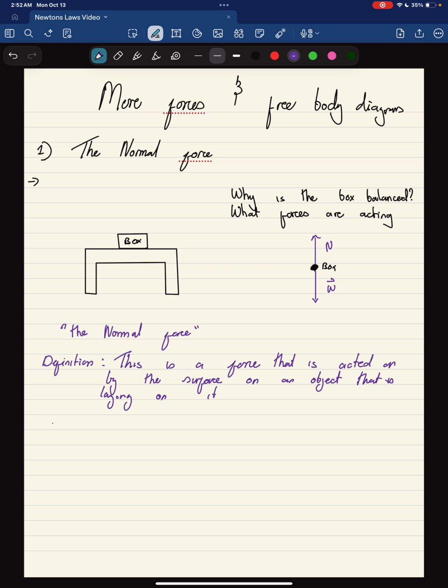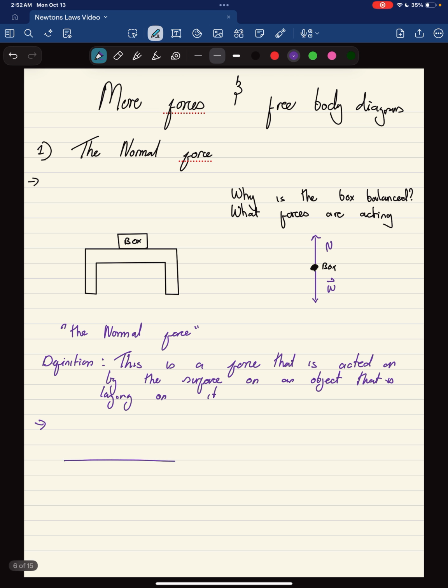A good thing to know is where the normal force will always point. I want you to keep this rule in your brain: the normal force is a vector that will always point perpendicular to the surface.